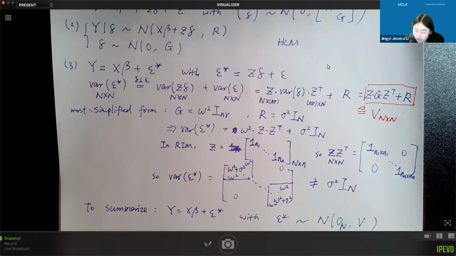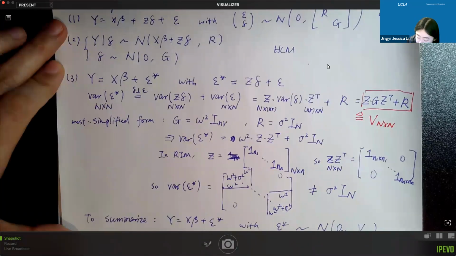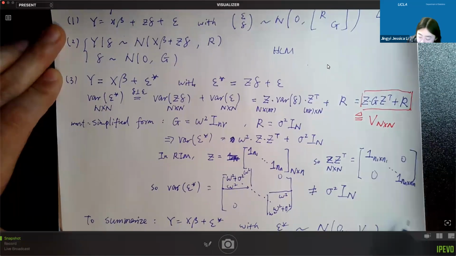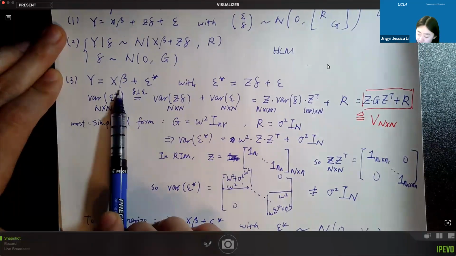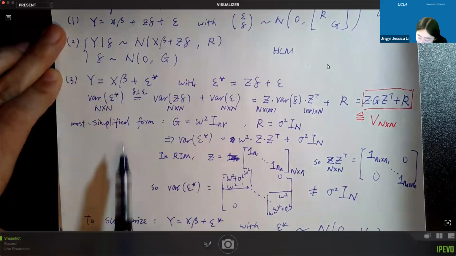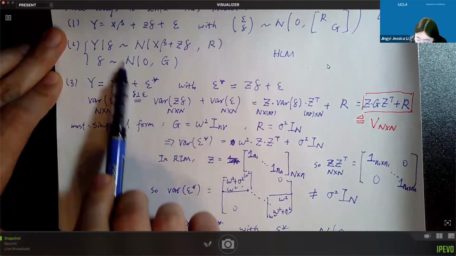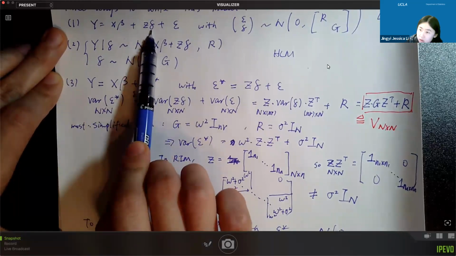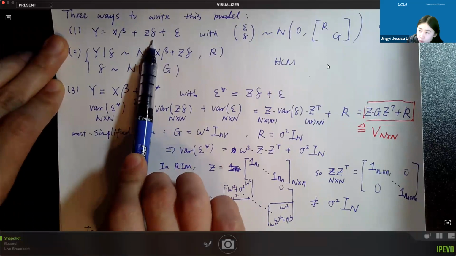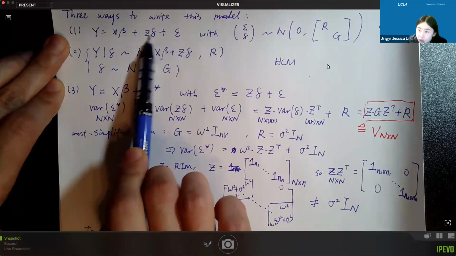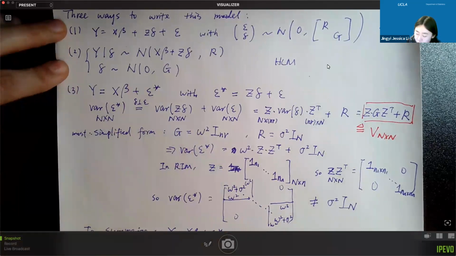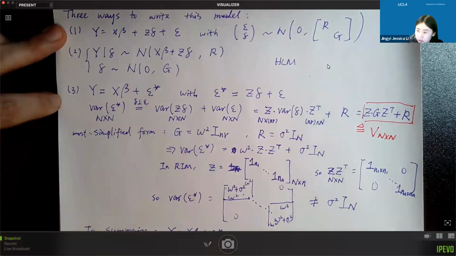Okay, so then what are the advantages of using each model? If you're only interested in beta, you can use any of those because they all include beta. But if this random effect vector delta, which is nr by 1, is also something you want to talk about, then you must use the first two ways, not the third way. Because in the third way, delta disappeared.